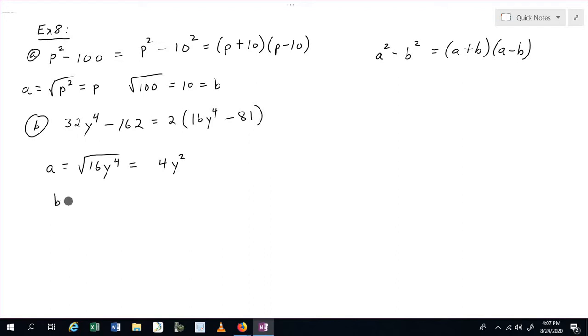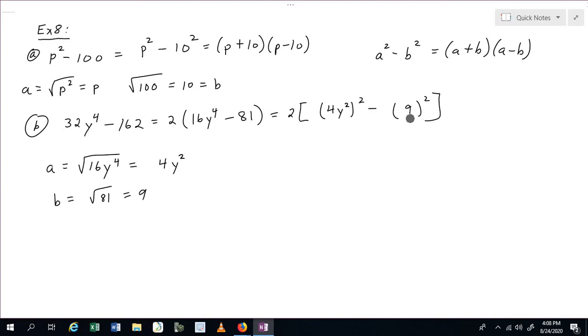And then the b is the square root of 81, which is just 9. So I'm going to write it that way first. This is really a squared minus b squared, where a is this and b is this.